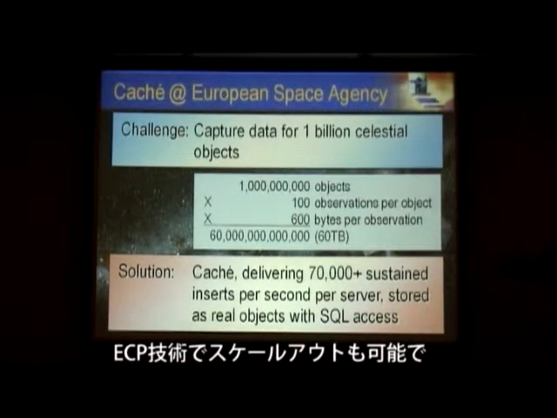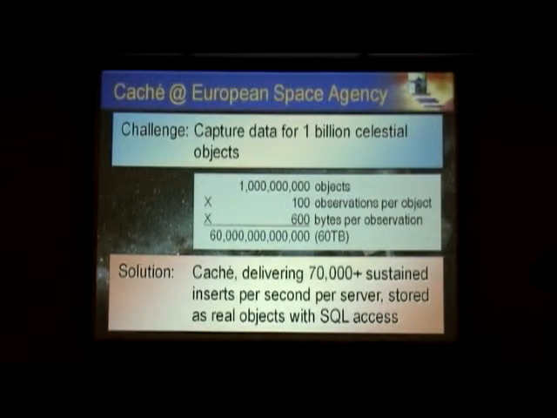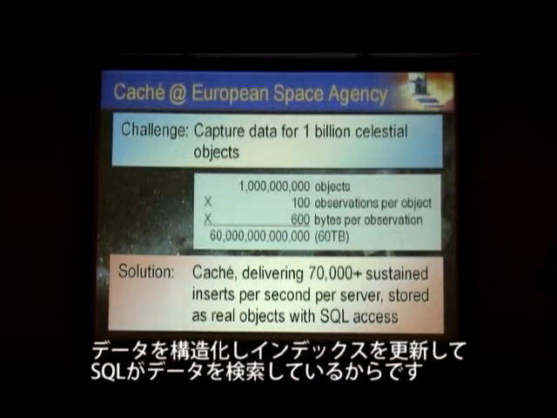And we can use our ECP technology to scale that out across multiple servers. And we can allow people to run SQL queries against that data, because we're not just inserting this data as blobs, we're inserting this as structured data with index updates taking place and SQL queries running against the data.